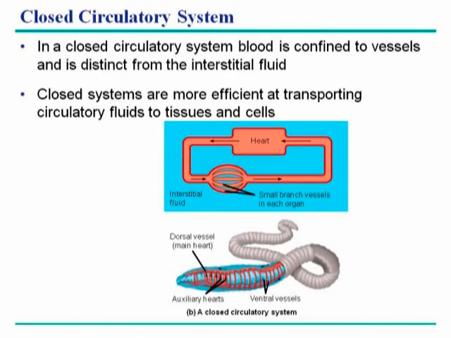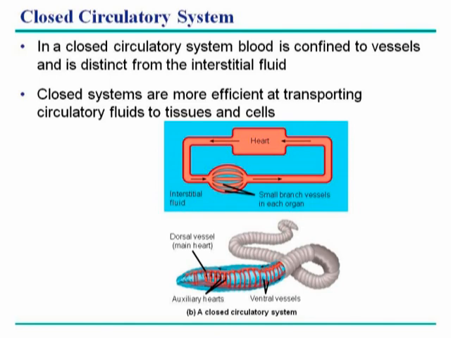In the closed circulatory system, blood is confined to vessels. Confined to vessels means it is in the vessels all the time and is distinct from the interstitial fluid. It is separate because there are continuous blood vessels. Closed systems are more efficient at transporting circulatory fluid to tissues and cells.